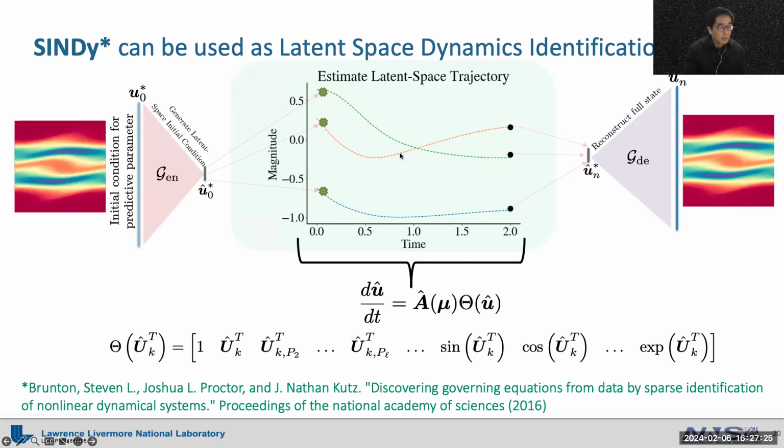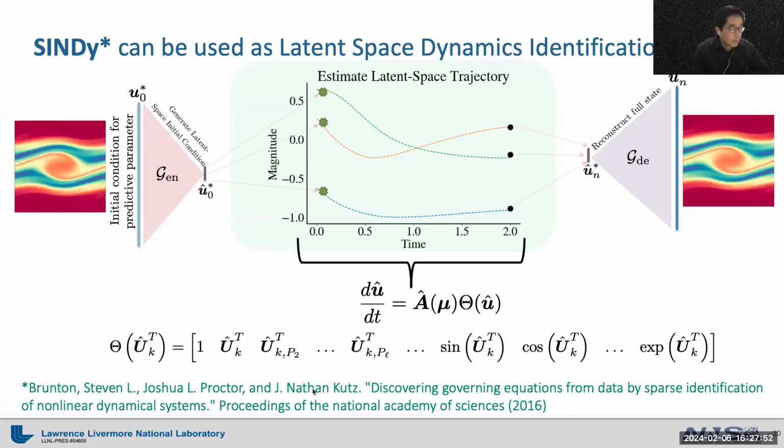If that is the case, then you can apply a regression technique, the so-called SINDy, sparse identification of nonlinear dynamics, which was developed and popularized by Brunton, Proctor and Nathan Kutz from the University of Washington.